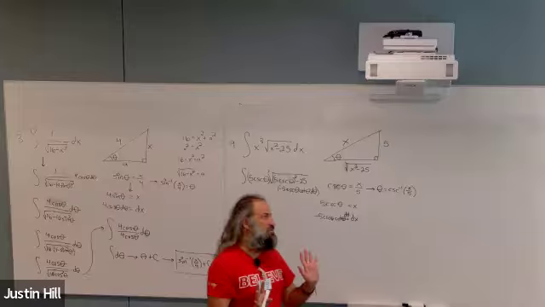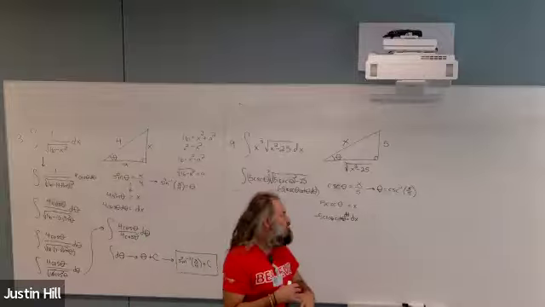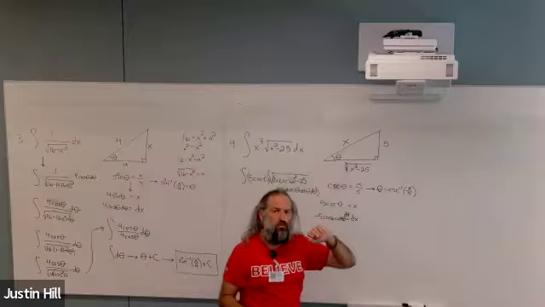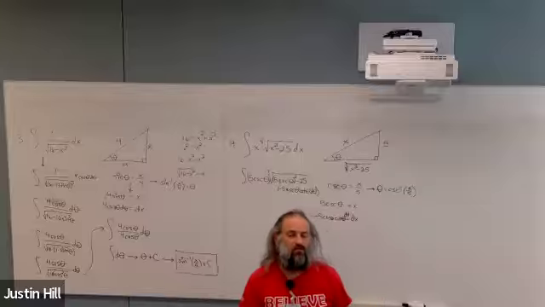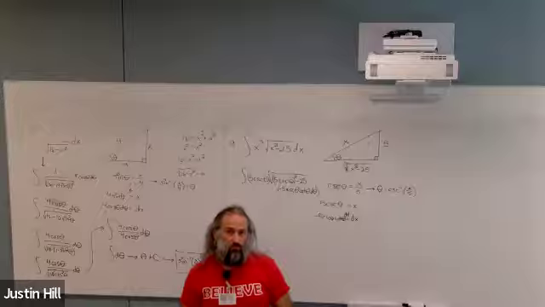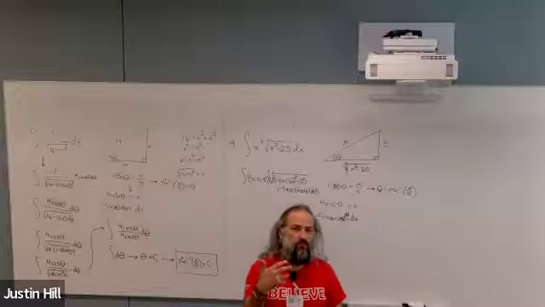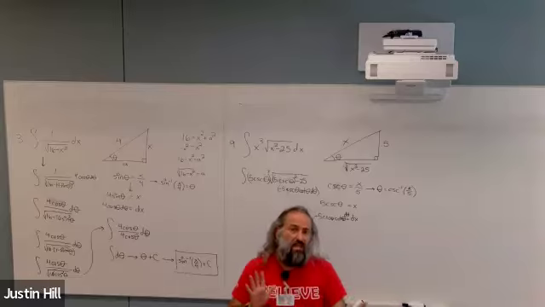So what I'm trying to say with all of these problems is, as long as you build the right triangle, whichever substitution you find from the right triangle, whether it matches the one the book is saying for that problem or not, is going to be correct, and it's going to get you the correct answer. So I'm basically trying to teach you guys to be problem solvers and thinkers through these problems, because in reality, that's what you can do.